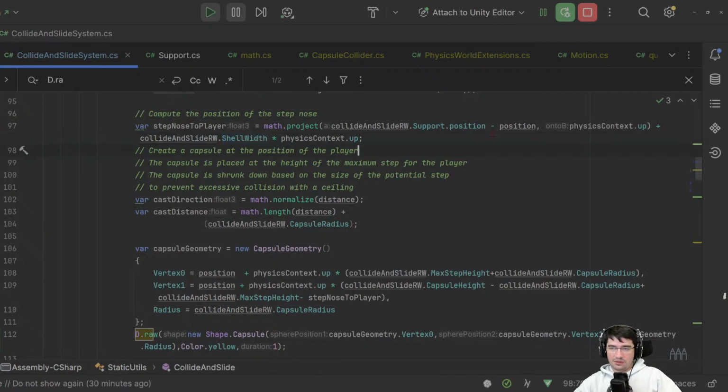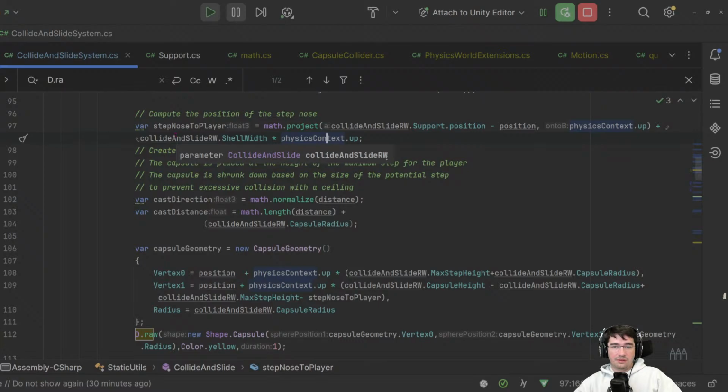I don't know if it's that or not. But anyway, I should probably not have the shell width. Should I?